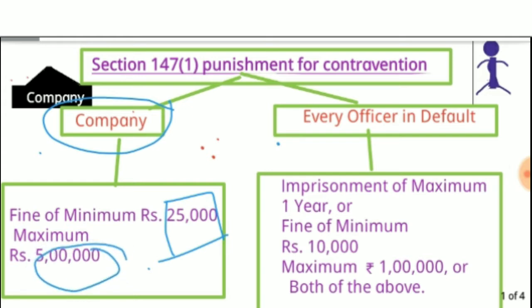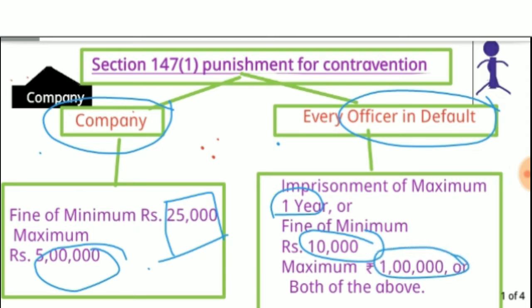And every defaulting officer involved in that contravention shall be punishable with imprisonment of maximum 1 year, or a fine of minimum 10,000, which may extend up to 1 lakh rupees, or both, that is imprisonment as well as fine.